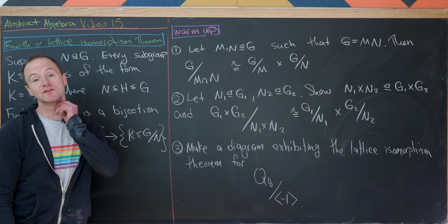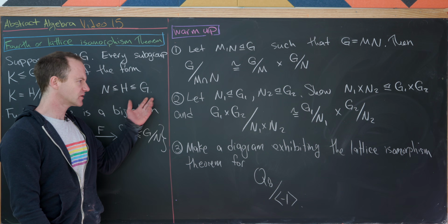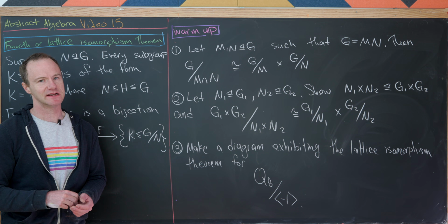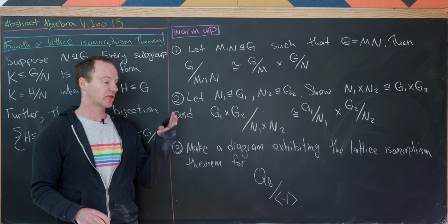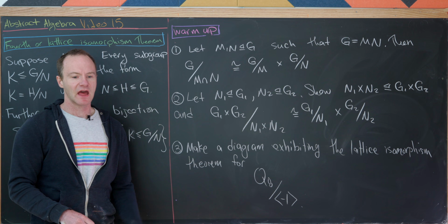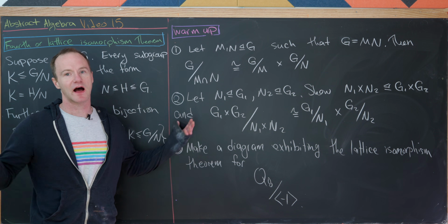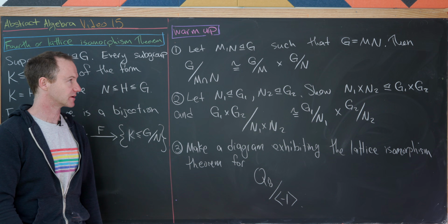Okay, so now I'm going to give you some extras. Here I've got 3 nice warm-ups. And the first two seem quite general, but they follow the same idea from the second and third isomorphism theorem. And that is to carefully build your setup and then apply the result of the first isomorphism theorem.